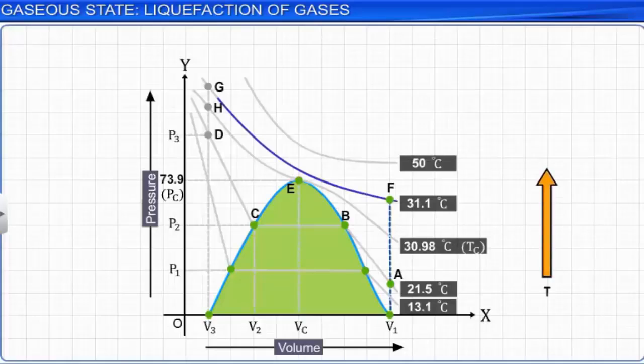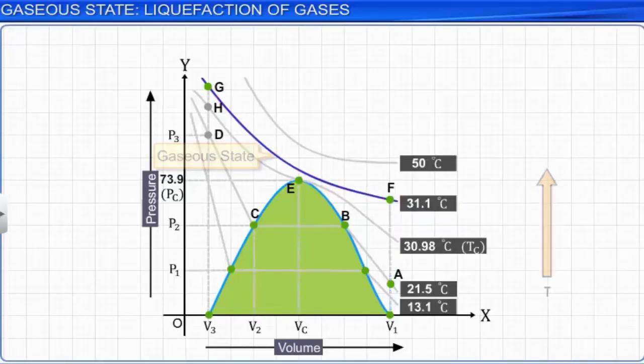Point G can be reached by compressing the gas at constant temperature along the 31.1 degrees Celsius isotherm. As the curve FG lies above the critical temperature, increase in the pressure doesn't result in the liquefaction of the gas. Hence, curve FG represents the gaseous state.